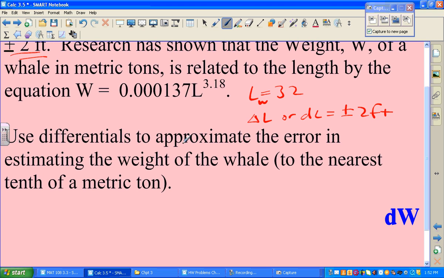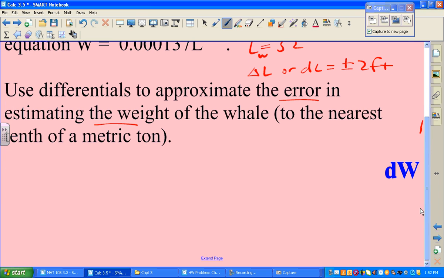Now, use differentials to approximate the error in estimating the weight of the whale to the nearest tenth of a metric ton. How do you approximate the error in estimation? We'll go to our error expert in this section, Chase Cox. I do what?